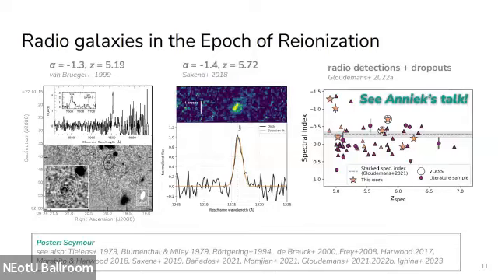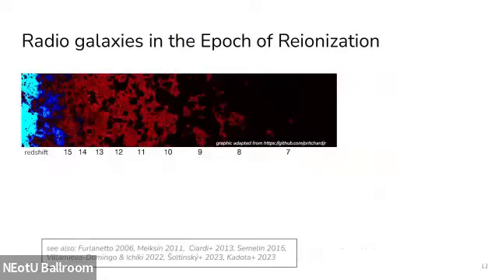But why do we care about finding radio galaxies in the epoch of reionization? Other than just studying that high redshift population, which are already massive and luminous galaxies, one thing you can do is go back to the HI and start looking at the HI distribution along the line of sight towards these galaxies.